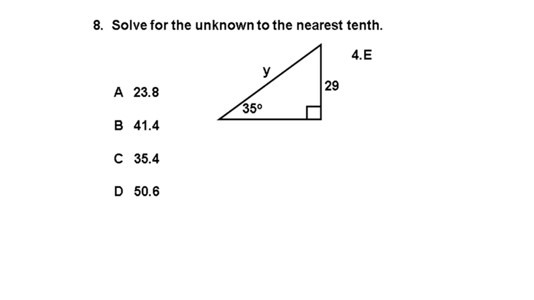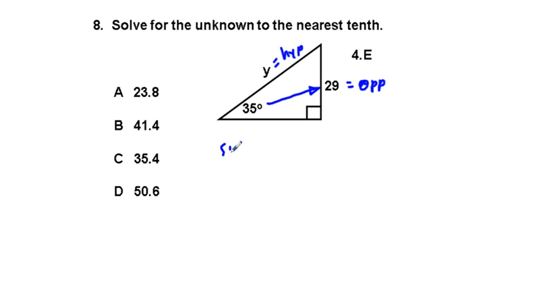Next, 8. Solve for the unknown to the nearest tenth. Here we have an angle, 35 degrees, and we have the opposite side of that angle, 29. And this side y is going to be our hypotenuse. So we have a couple choices.